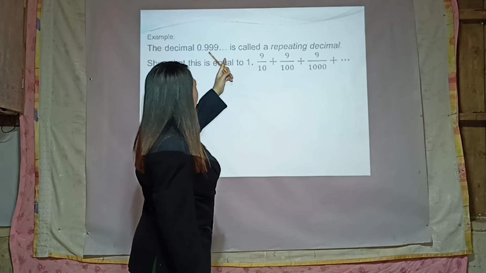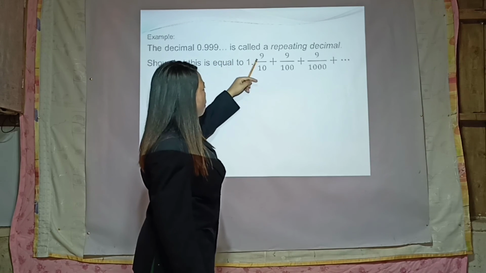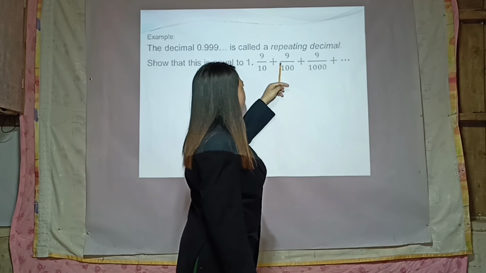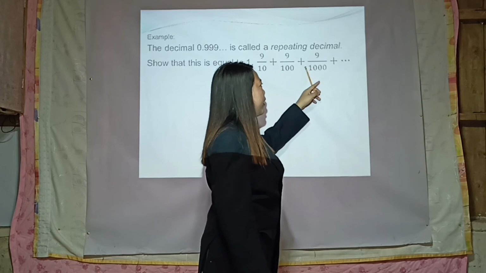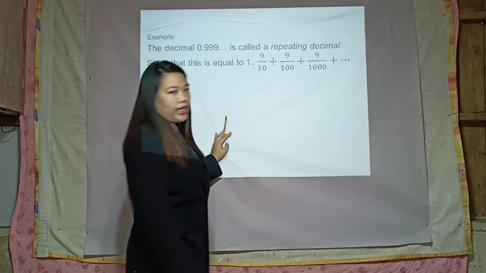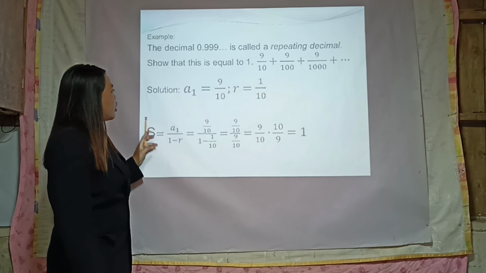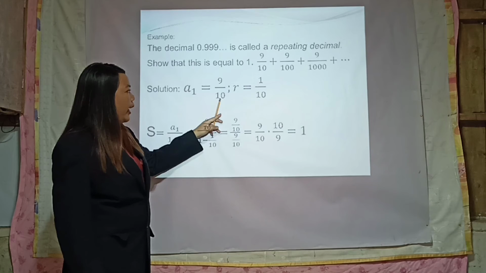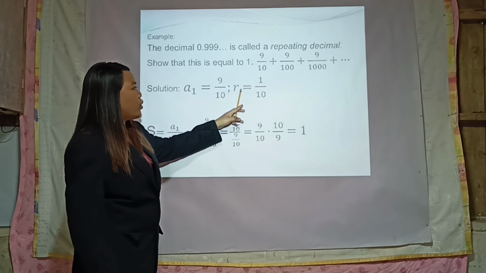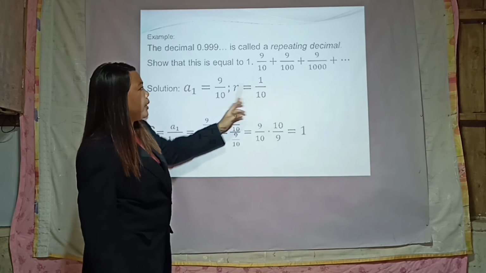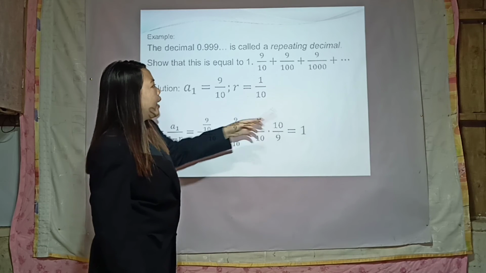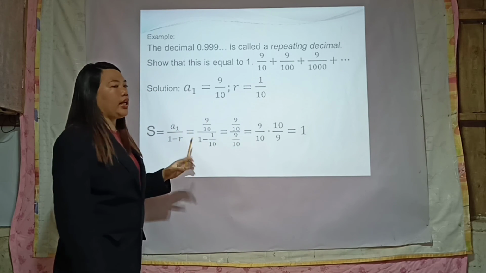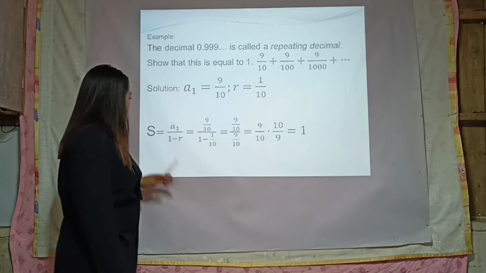So 0.999 is equal to 9 over 10 plus 9 over 100 plus 9 over 1000 and so on. So solution, a sub 1 is equal to 9 over 10 and the ratio is equal to 1 over 10 because 9 over 100 divided by 9 over 10 is equal to 1 over 10.